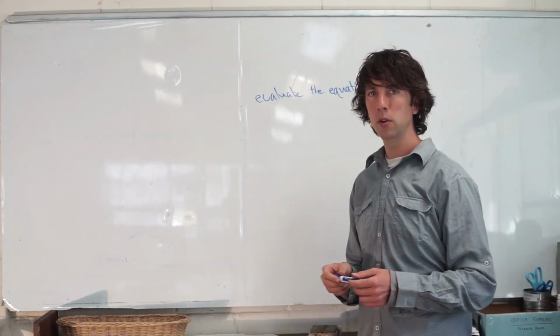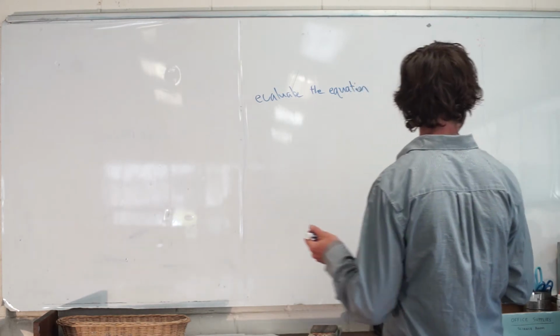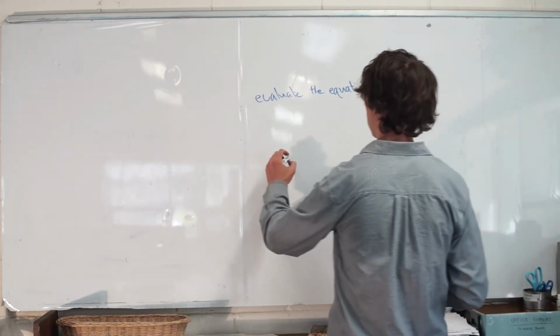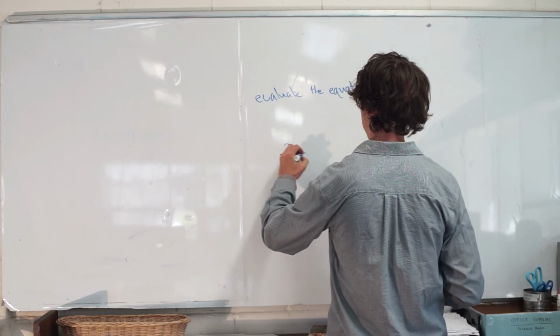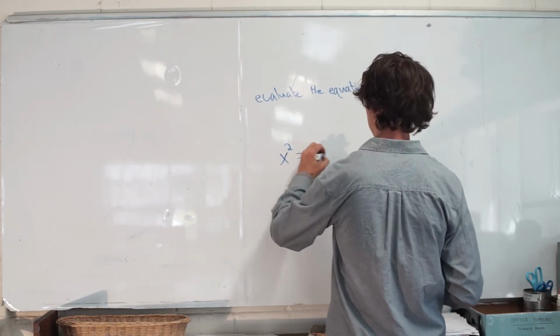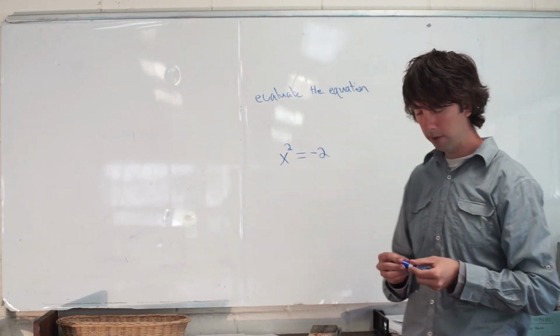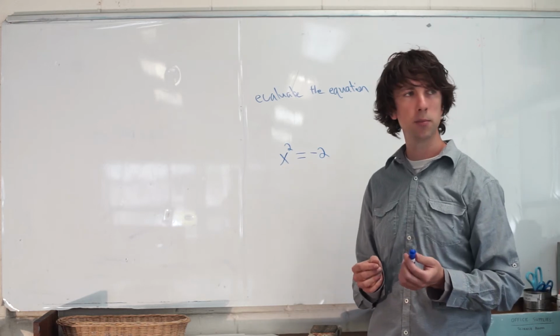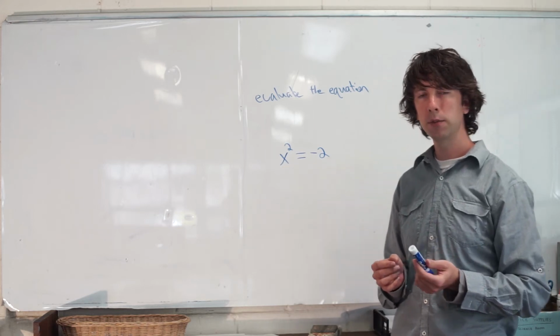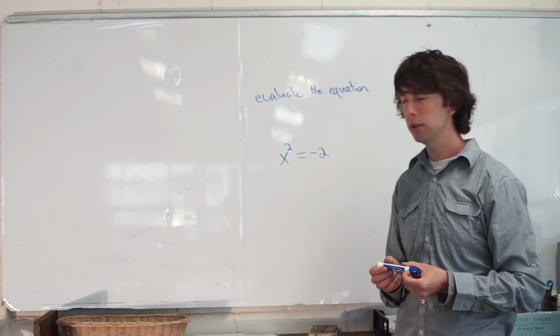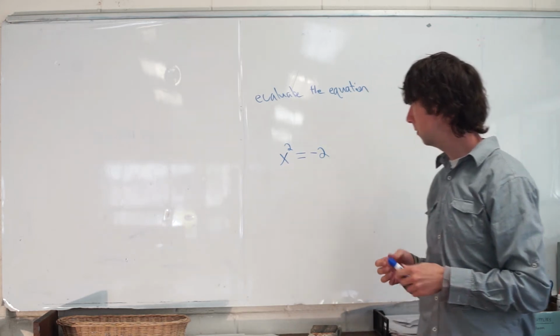Okay? All right, another example. So let's consider the equation x squared equals negative 2. This might seem at first simple, but it is not simple. You have to remember your rules about exponents in order to tell whether this equation is true or false.